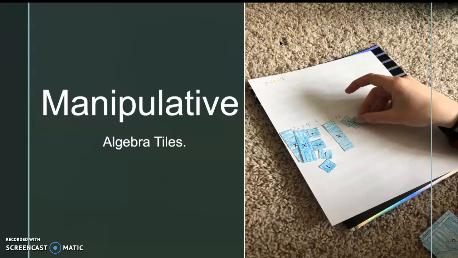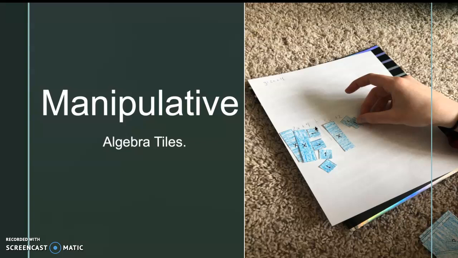After that, I wrote an equation, 2x plus 4 equals 3x plus 2. This is where our manipulative algebra tiles came into place. I told her to match the x's with the slope and the 1's with the other numbers, so the y-intercepts.